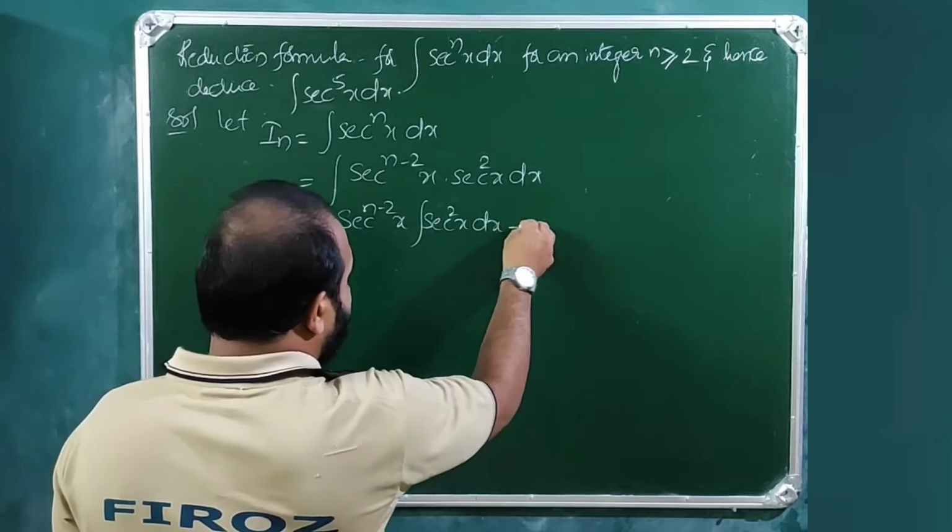So this is I_mn. So let us transpose this minus of (n minus 1)/(m plus 1) I_mn. So this is equal to cos^(n-1)x sin^(m+1)x by (m plus 1) plus (n minus 1)/(m plus 1) I_(m, n-2).